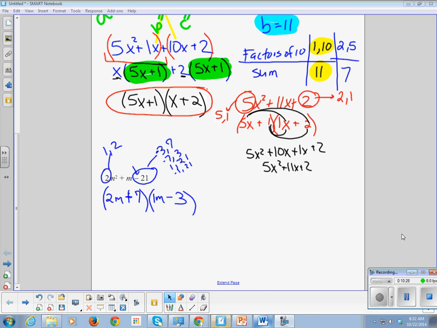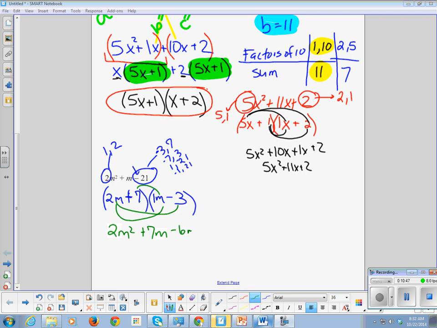That's my guess. So we go 2 times m, that is 2m squared. Plus 7m minus 6m minus 21, so m minus 21.